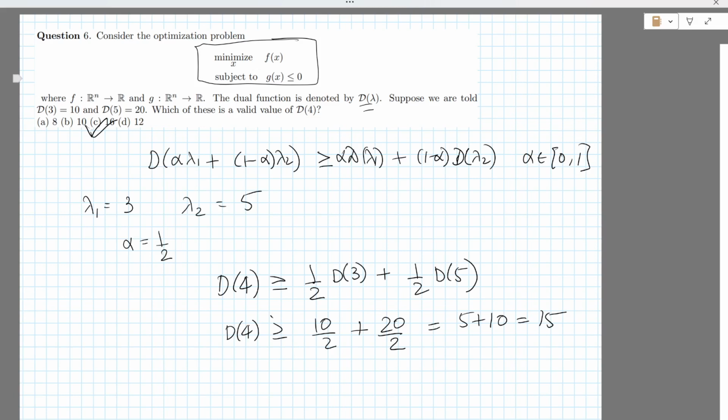But given this information and using the concavity, 16 is valid, others are invalid. Others will not be there surely, no matter what f and g we take.